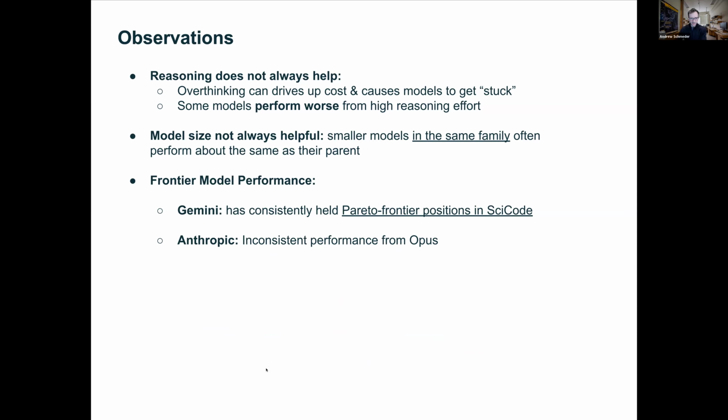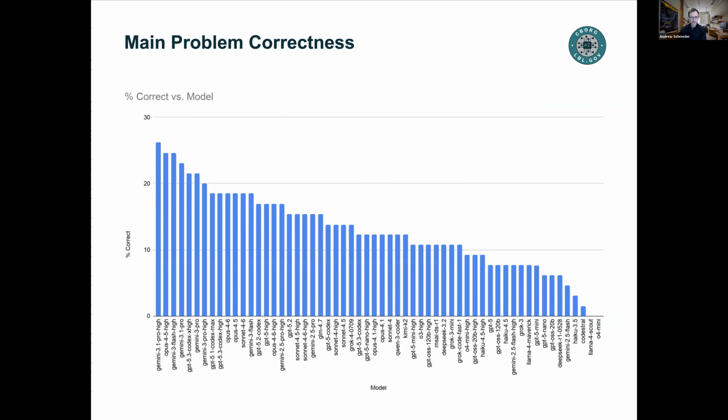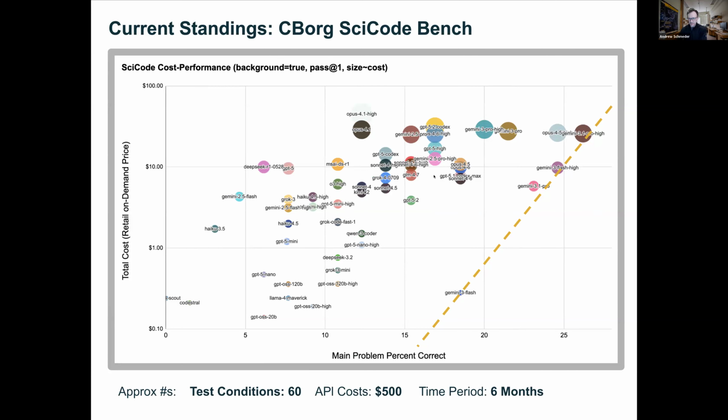If I go back to here, you can see GLM 4.7 is right here in the middle, which is comparable to say Sonnet 4.6, but when you actually purchase inference for this model from Vertex AI, the cost difference is extremely small.